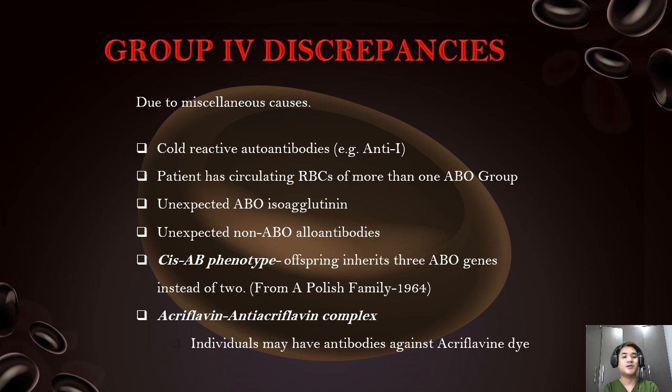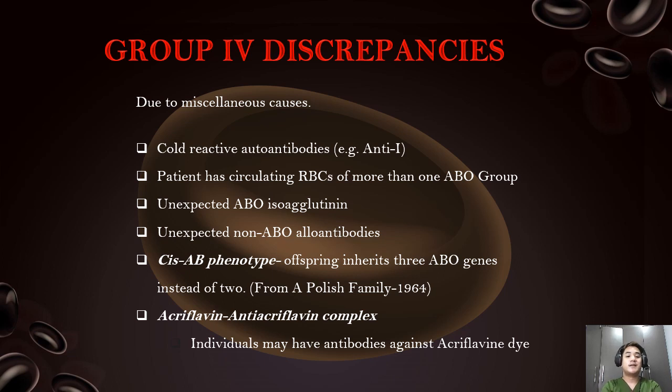This antibody can exhibit pan-agglutination, which gives it the ability to agglutinate all of the normal cells in a particular population. Then there are patients that have circulating RBCs of more than one ABO group, maybe due to RBC transfusion or bone marrow stem cell transplants and out-of-group transfusion, which was already discussed previously.